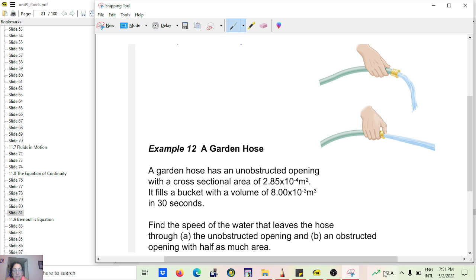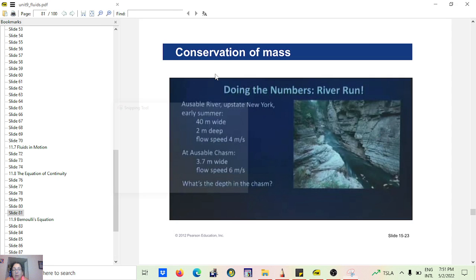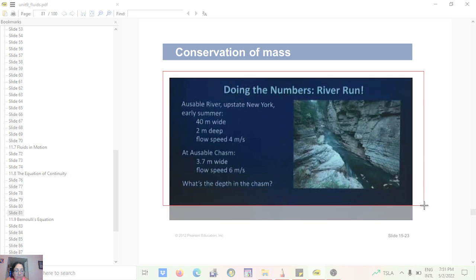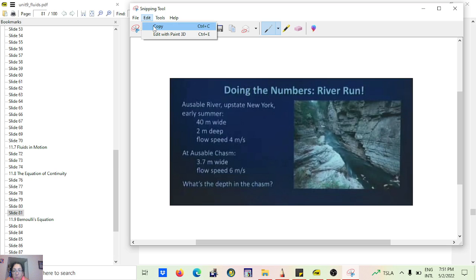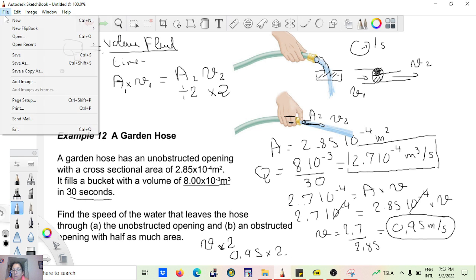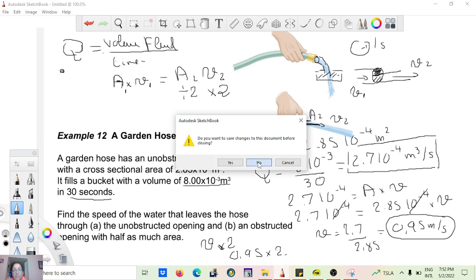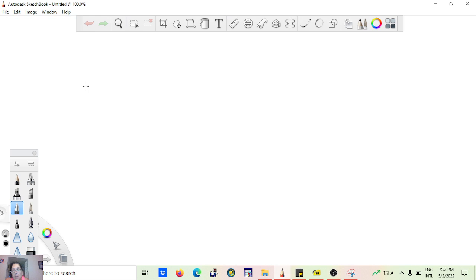So I'm not sure how to draw that. I'm going to try. So of course you should pause the video and try. I'm going to do it like, so you have like a river. Okay, so this is your wide river.